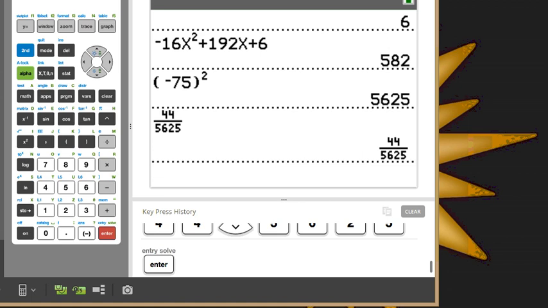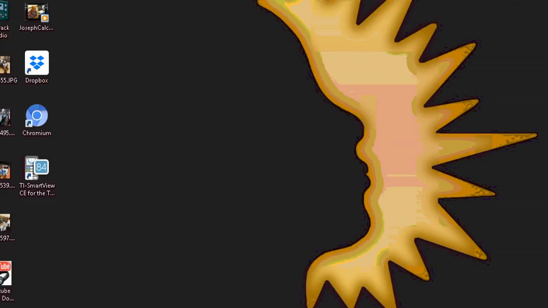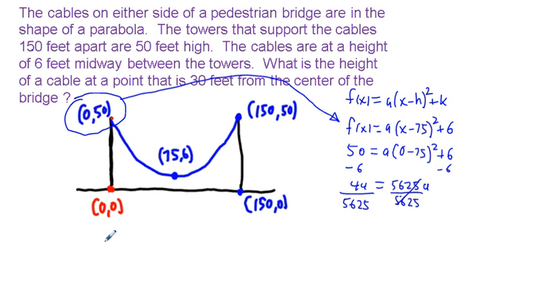Our equation is going to be f of x equals 44 over 5625 times quantity x minus 75 squared plus 6.